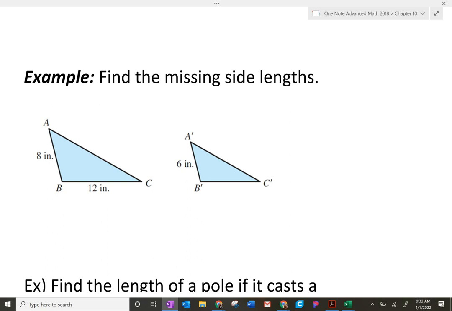You'll have one of these in there on Tuesday. These triangles are similar to each other. So I need to figure out how to get that missing side. Okay? The way to find the missing side, I'm just going to call this one triangle 1, and then this will be my triangle 2.